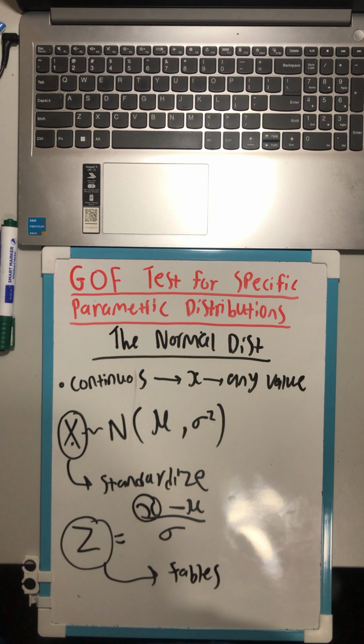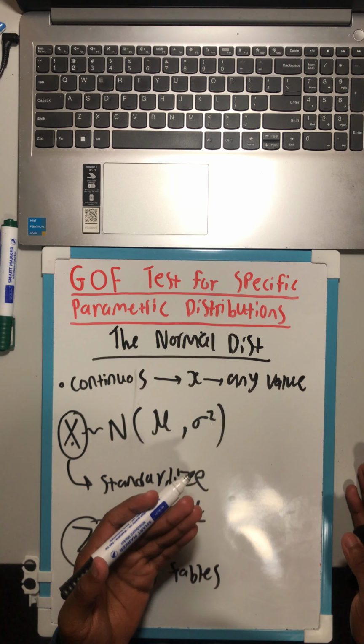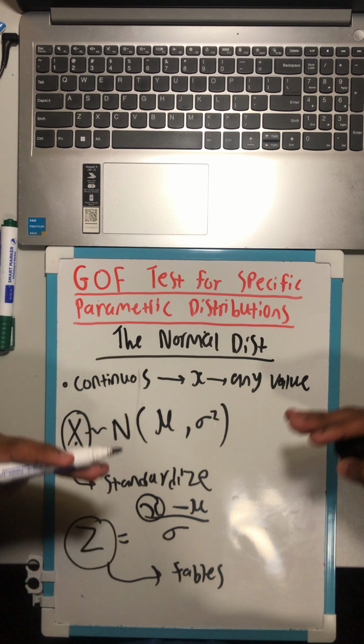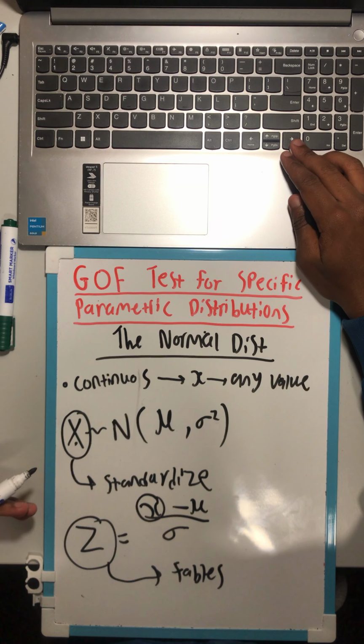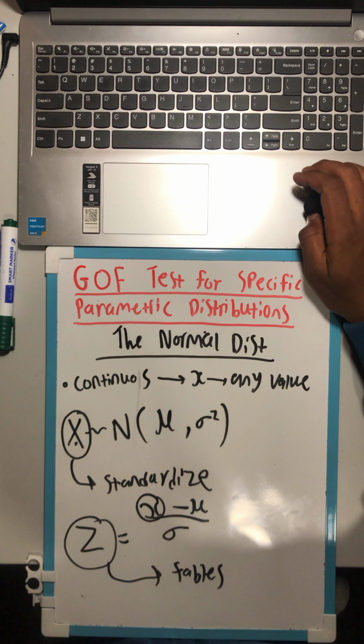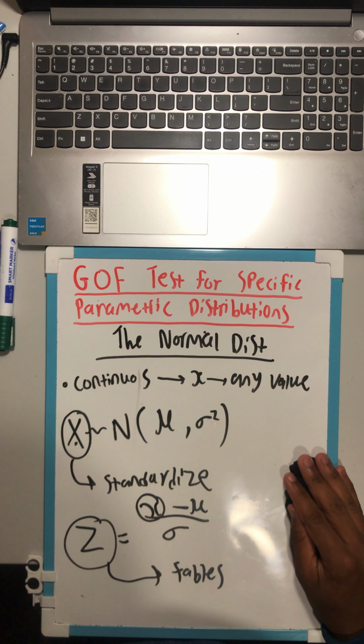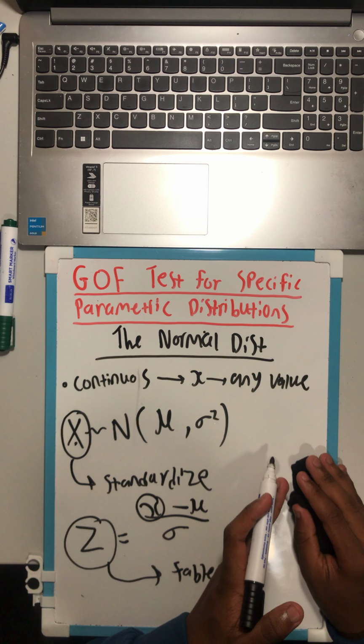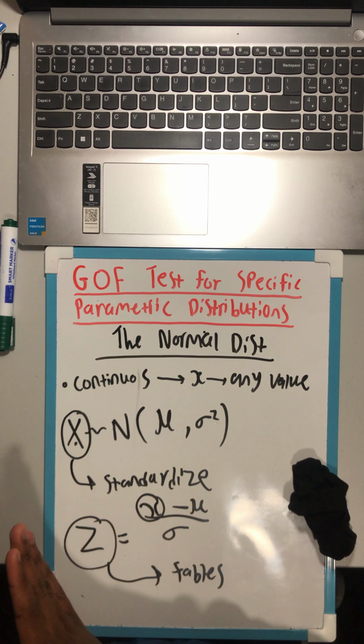Unfortunately, the normal distribution has a PDF, but it is very, very complicated, so we just stick to using statistical tables. In STAT140 tables, binomial, Poisson and normal give us the area to the left. Unlike the t or chi-square, and F, they give us the area to the right.